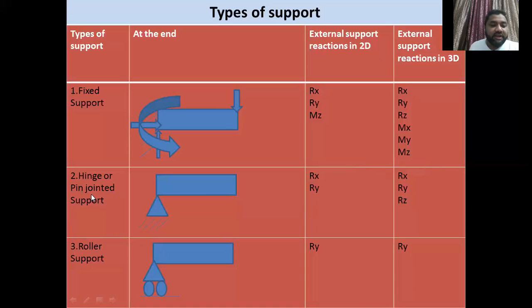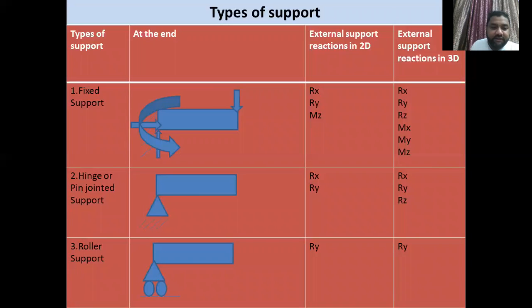Okay. So now come to hinge support or pin jointed support. Now what is hinge support or pin jointed support? A hinge support or pin jointed support is a support which permits only rotational motion. So that means the vertical motion and the horizontal motion will be opposed.